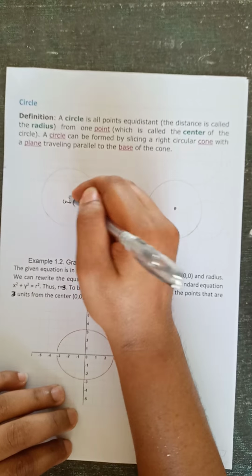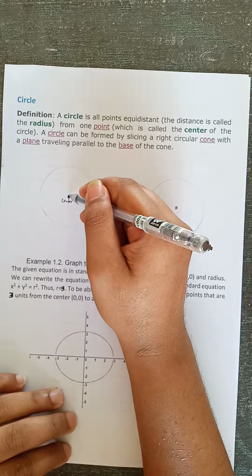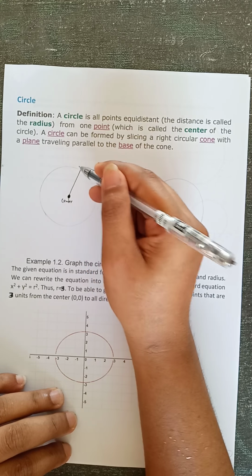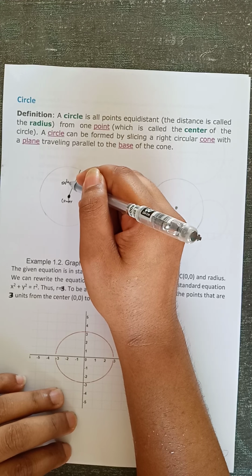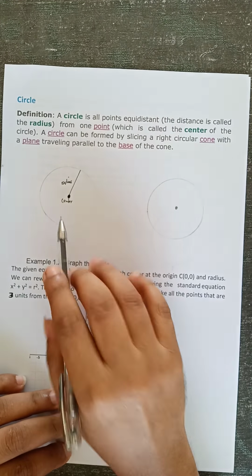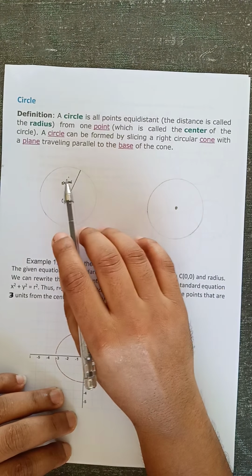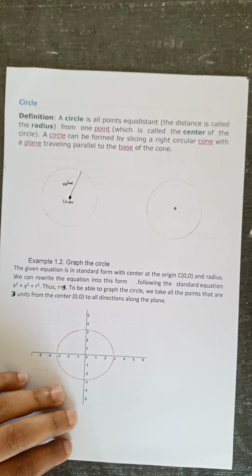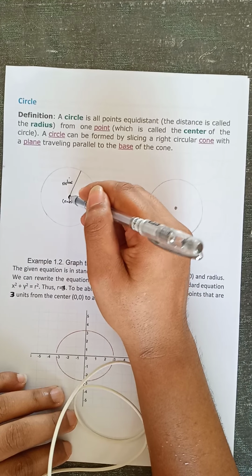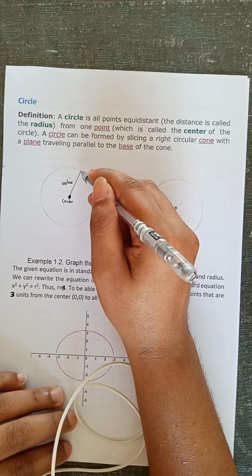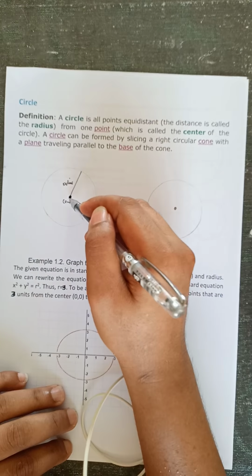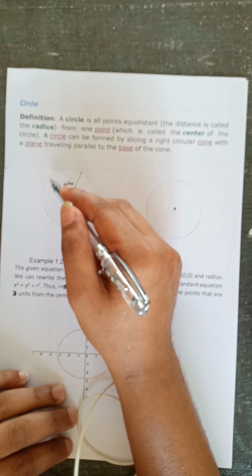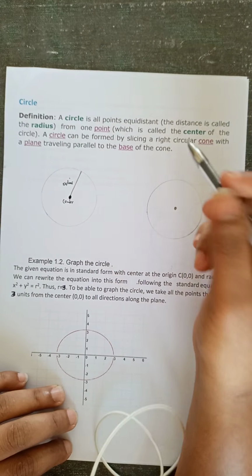From the center to any point on our circle is what we call the radius. So this is the center as well as the radius. From the center to any point, they are equidistant.